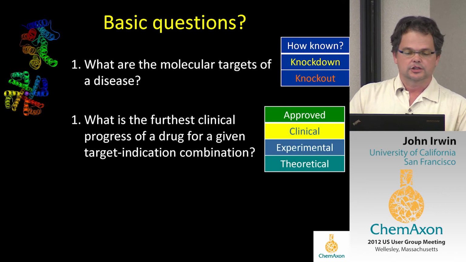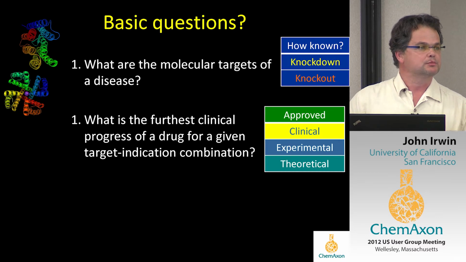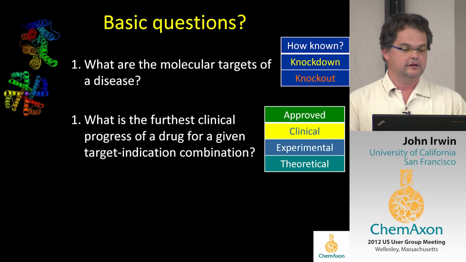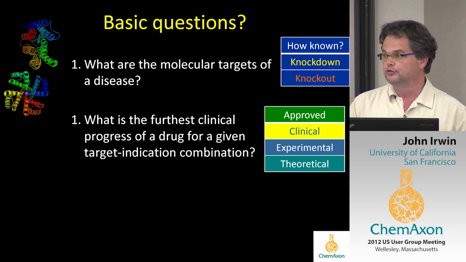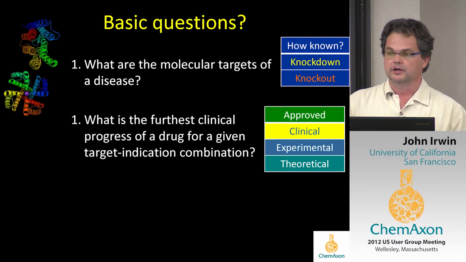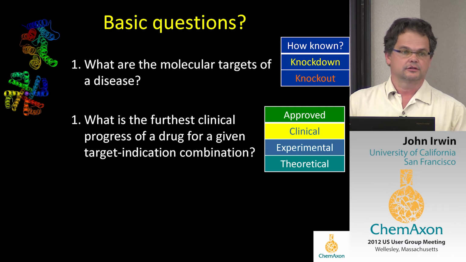For any target, for any indication, for any disease, what is the furthest progress that a compound has made for a particular target-indication combination? So is there an FDA-approved drug? Is there a clinical candidate? Is there something in a mouse model, for example?